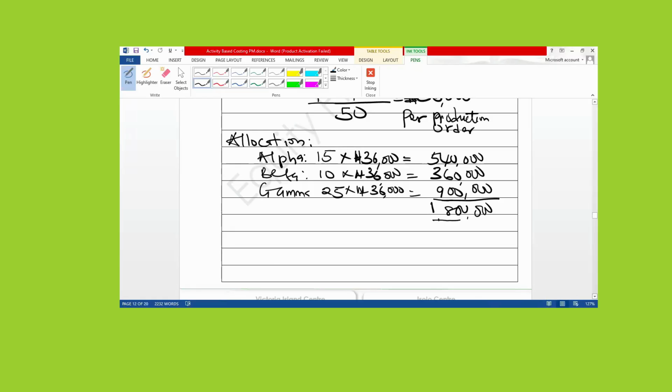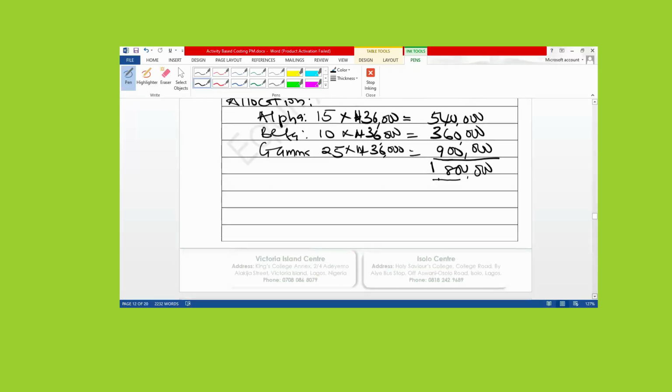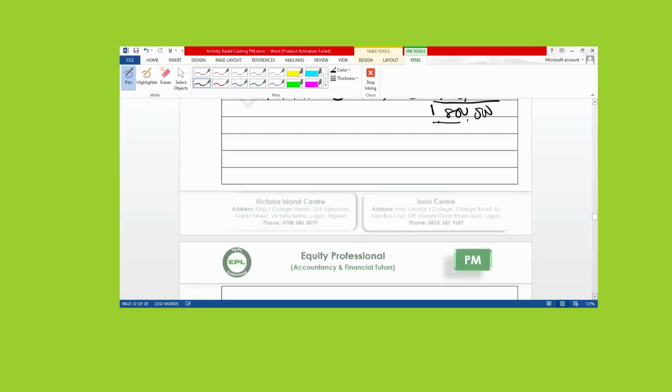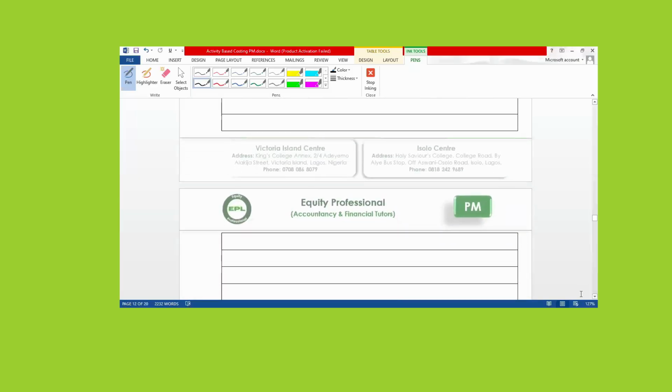Let's go to the next page. Overhead cost per product.